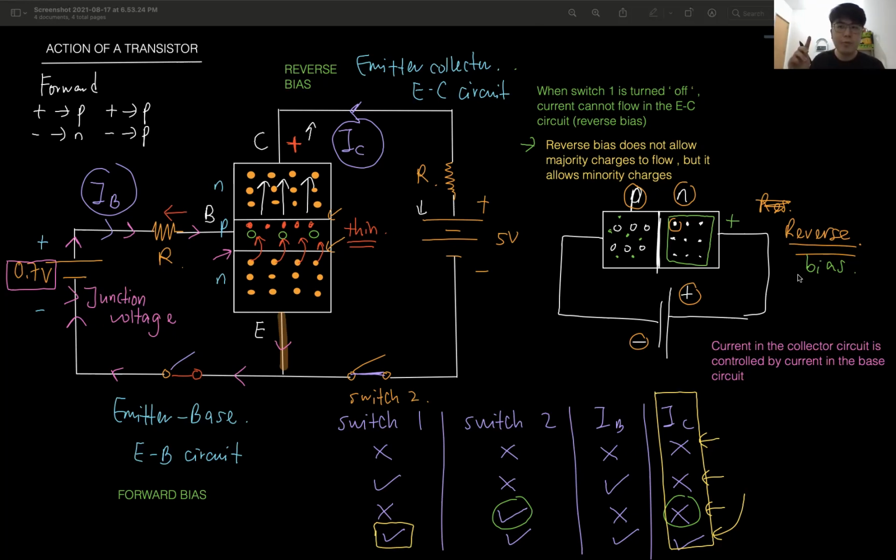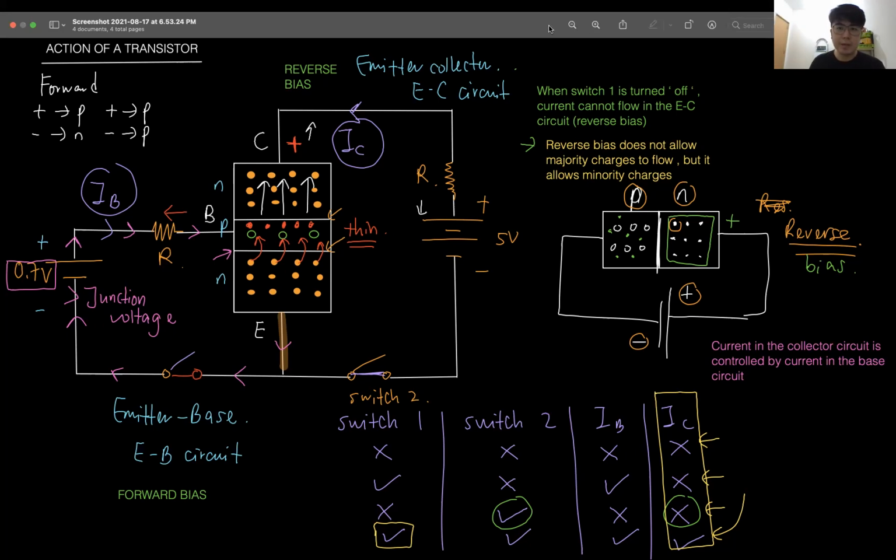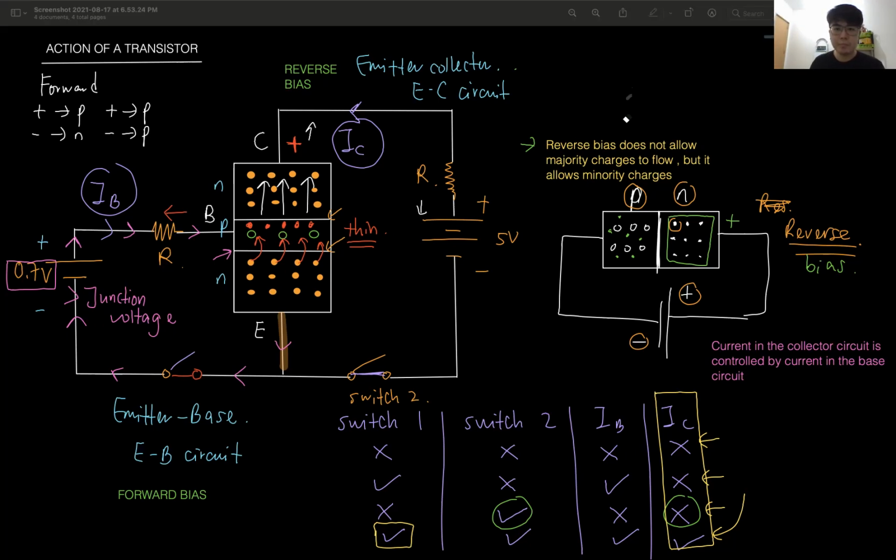So what we have known so far, we already understand that the current in the collector is controlled by current in the base. If the base is not switched on, then no current is flowing, even though this is closed. Now, next one. Let me clear this.